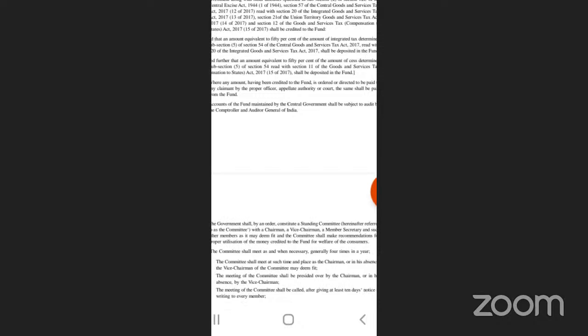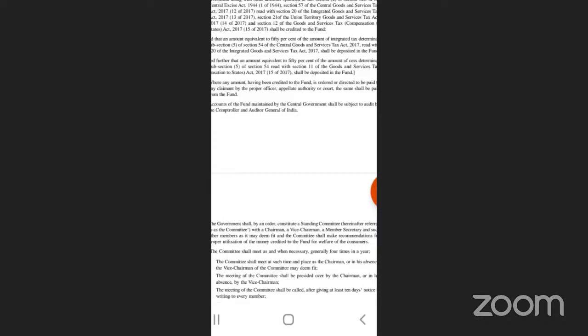So who are the committee members? The committee members will meet as and when it is necessary, generally 4 times in a year. Who is the chairman and vice chairman? The chairman will preside over the meeting, and in case the chairman is absent, the vice chairman will preside over the meeting.